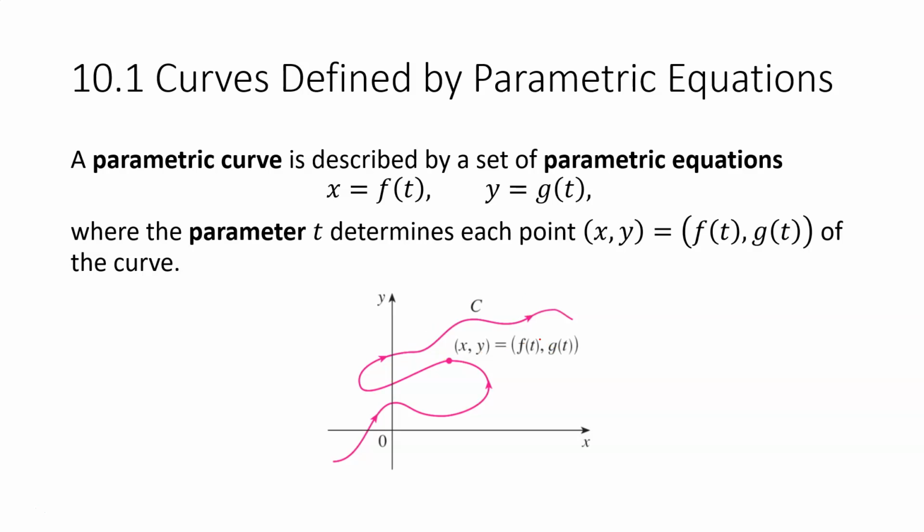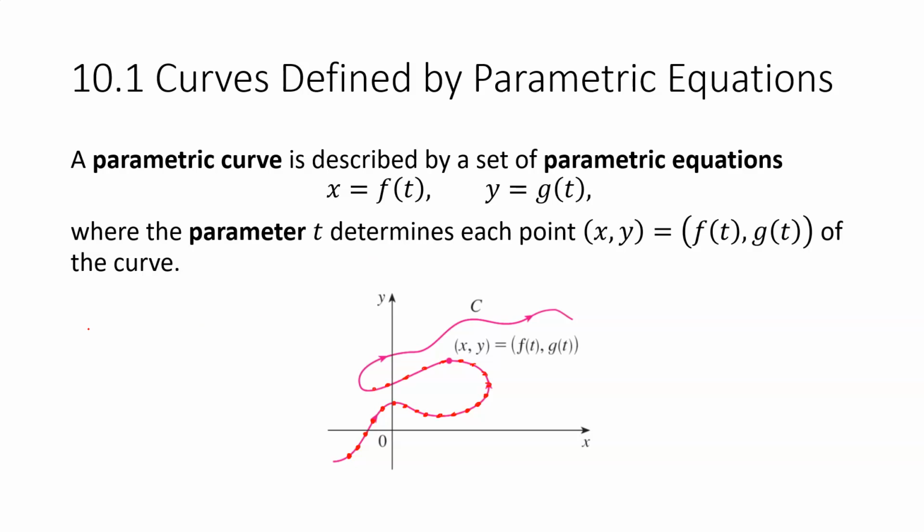So we can imagine that as the parameter t increases, the point x y will travel through various different values in the xy plane. One way to picture it is it's describing the motion of a particle as the parameter t increases.